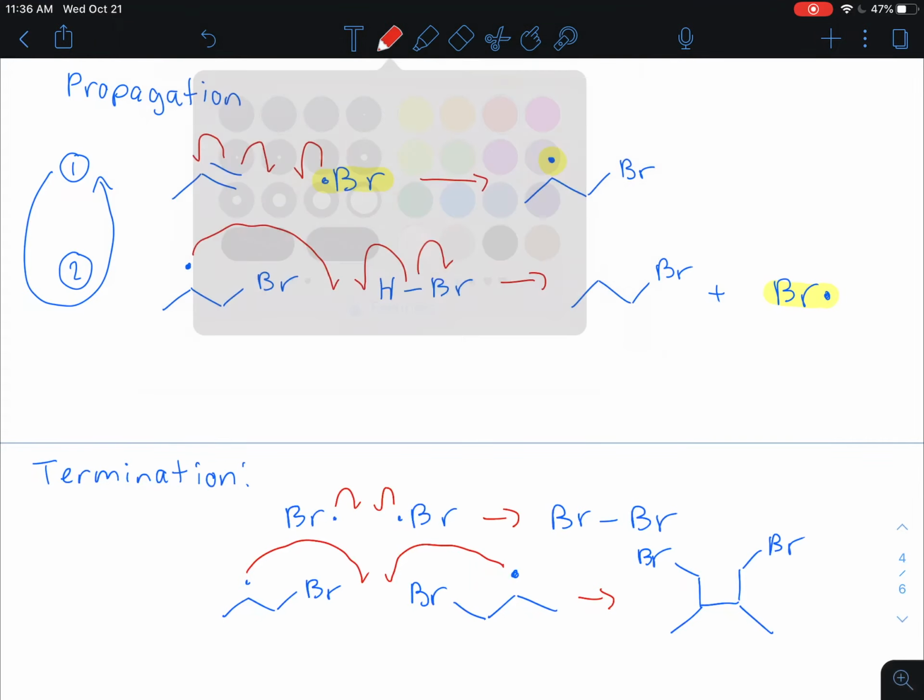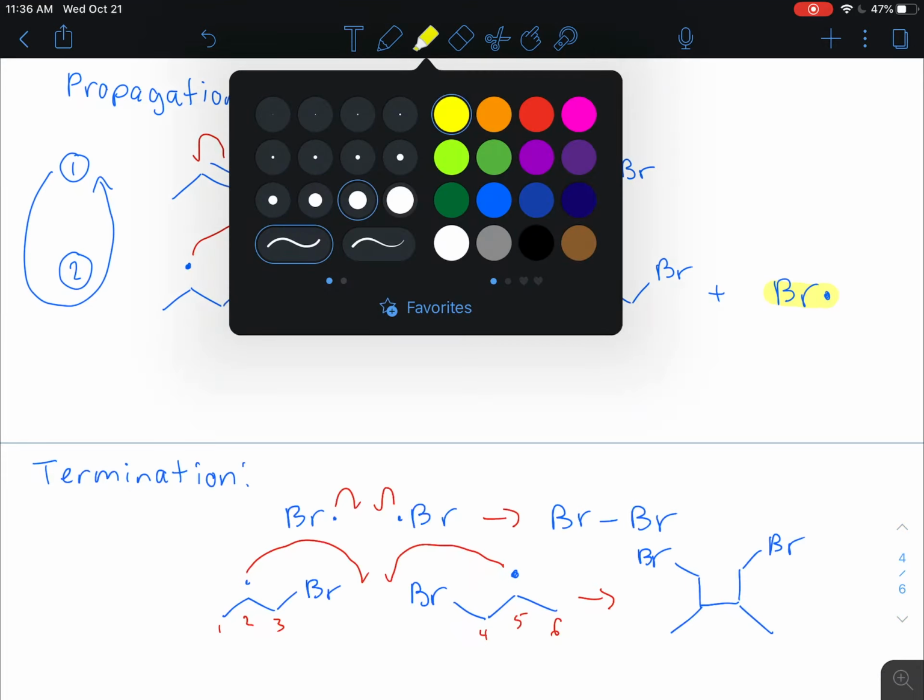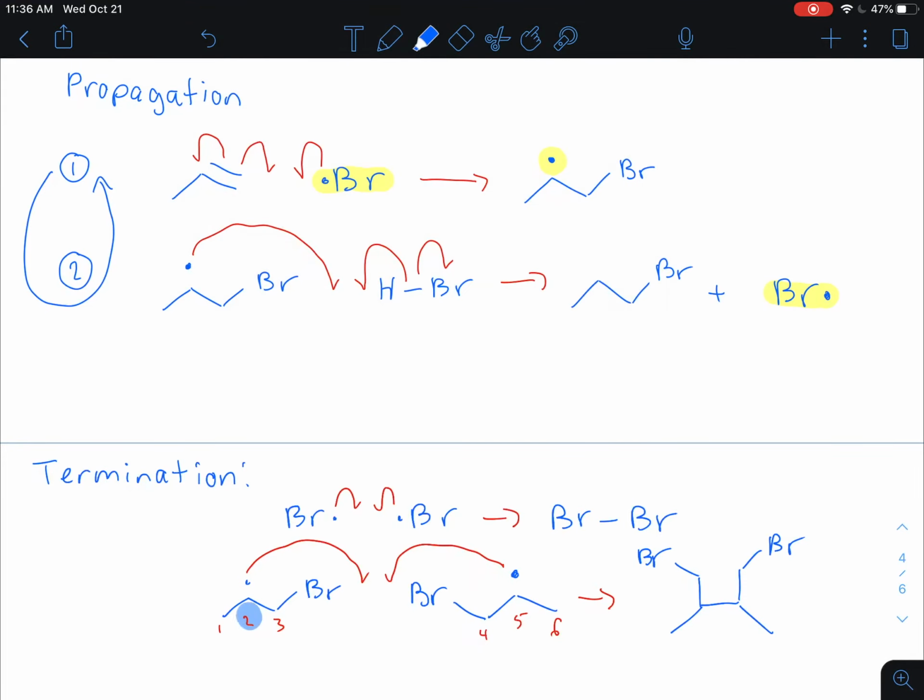So let's number these 1, 2, 3, 4, 5, 6. Based on that, 2 and 5 are getting connected to each other. So let's translate our numbers over here. 1, 2, 3. Looks like I numbered the bromine. 4, 5, 6. So then here's our bond between 2 and 5.